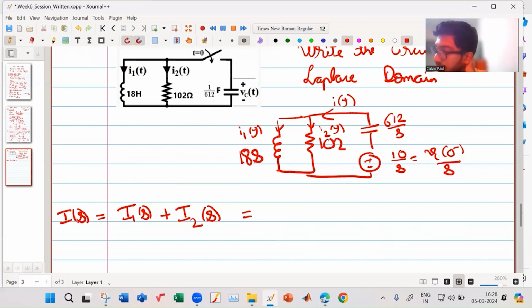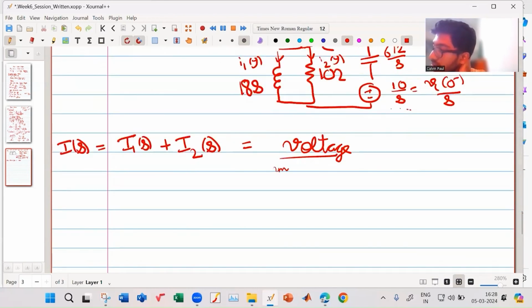So how much is that current? That current is the voltage divided by the impedance. What is the voltage over here?